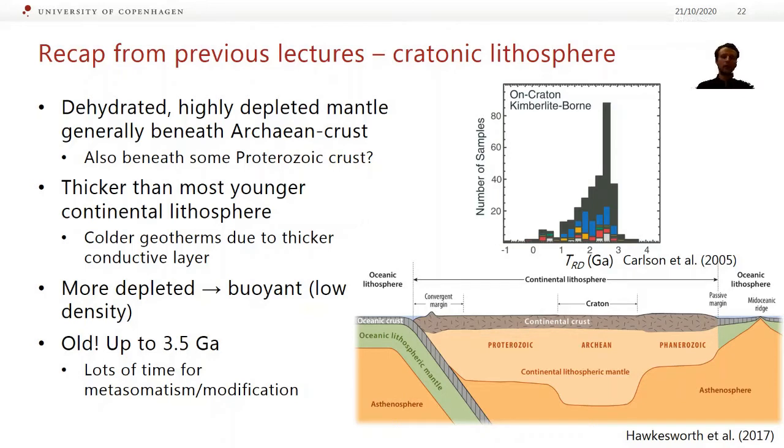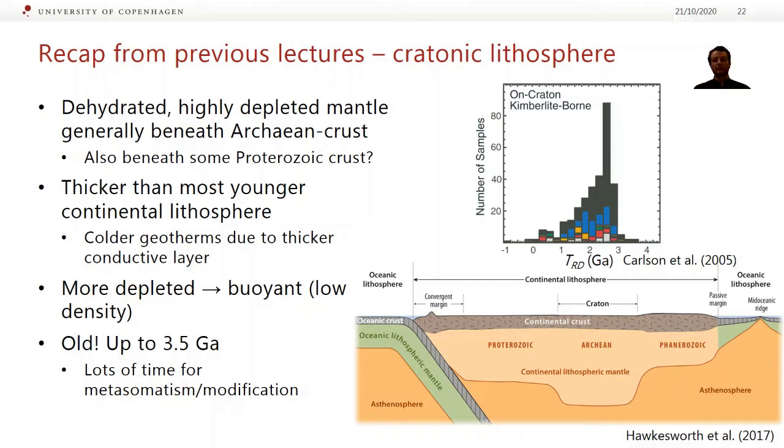Okay, so I'll just start by recapping what I said before in the previous lectures. Cratonic lithosphere is dehydrated, highly depleted mantle. It's generally found beneath Archean age crust. There might be some found beneath Proterozoic age crust as well. It's thicker than most younger continental lithosphere, the exception potentially being these continent-continent collisional belts.